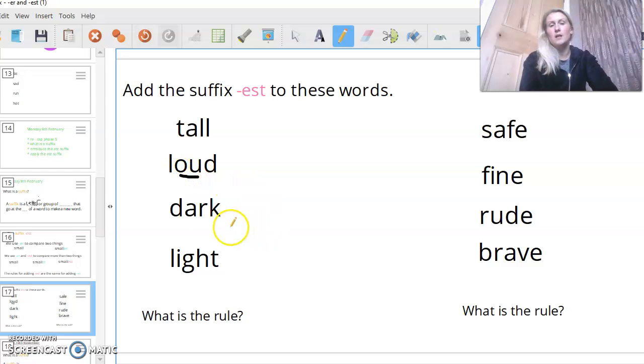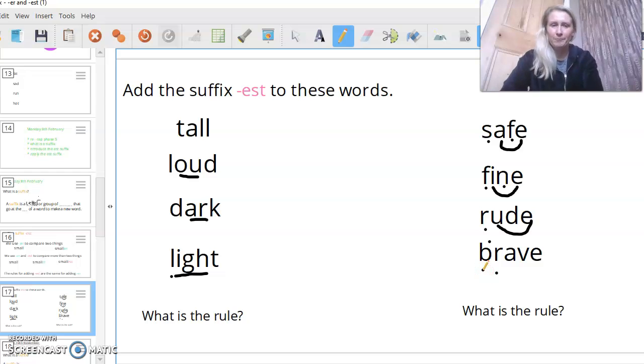Ow, loud, dark, light, safe, fine, rude, the oo digraph there. Brave.